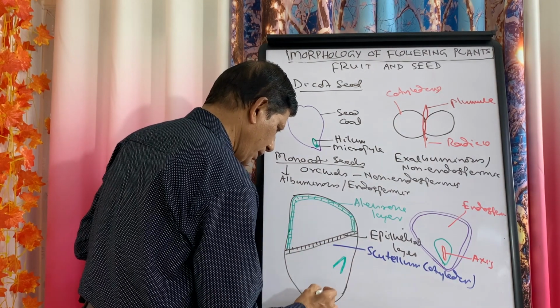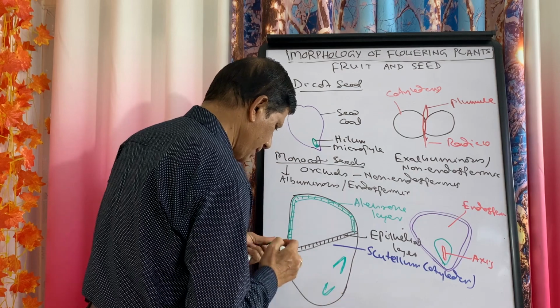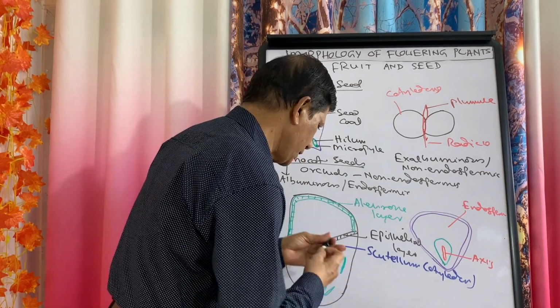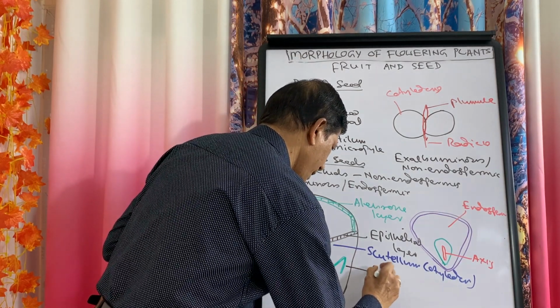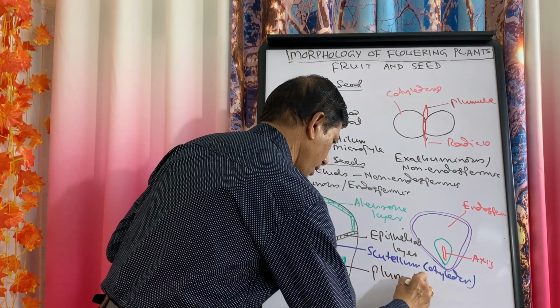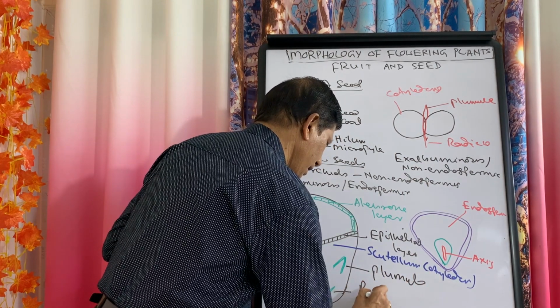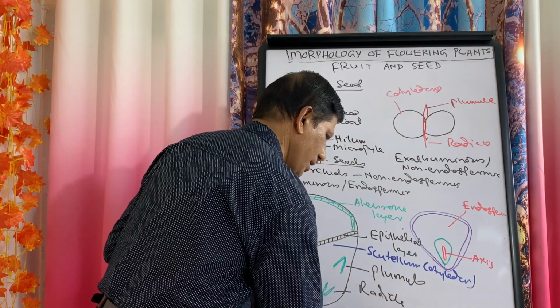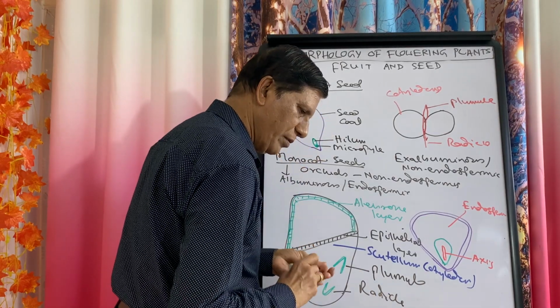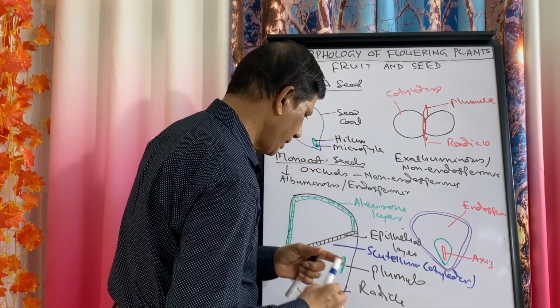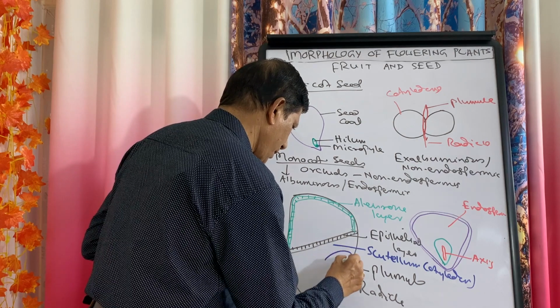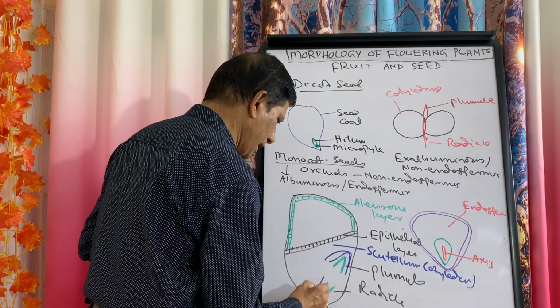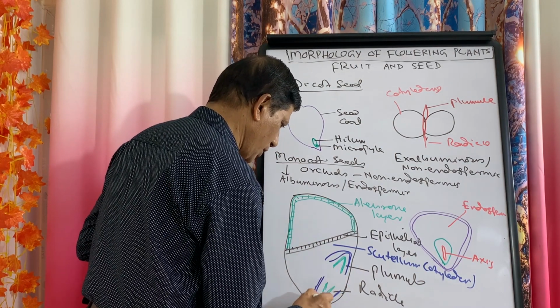This is the plumule and this is the radicle. The plumule is protected by coleoptile, while the radicle is protected by coleorhiza.